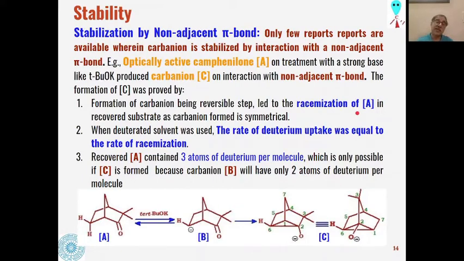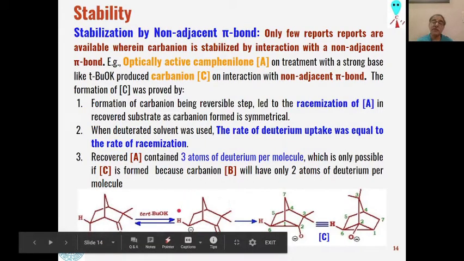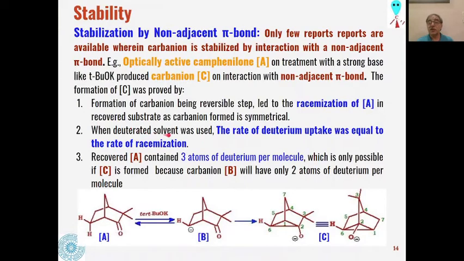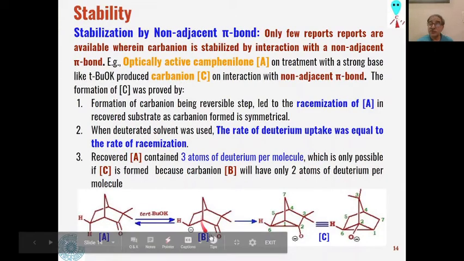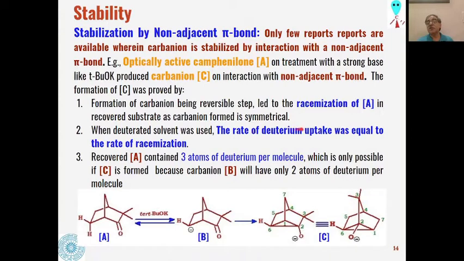The second point to prove that was what happens if we use a deuterated solvent. Potassium tertiary butoxide with deuterated tertiary butanol is used. Then deuterium from the solvent will be taken up in exchange for the hydrogen atom, H positive. So the rate of deuterium uptake will be equal to the rate of racemization, and this was actually found in the experiment.